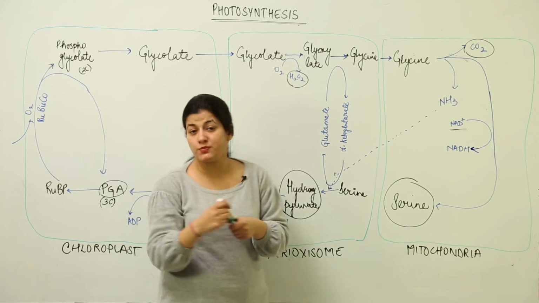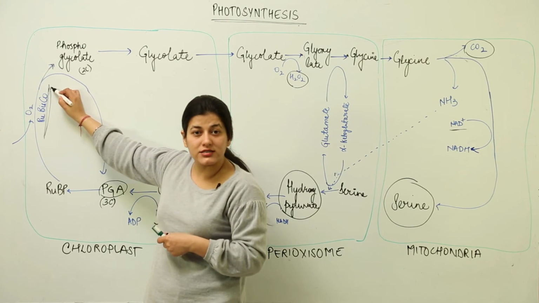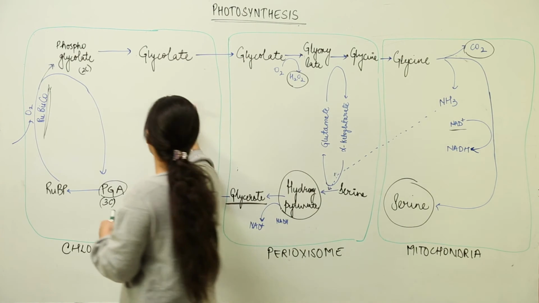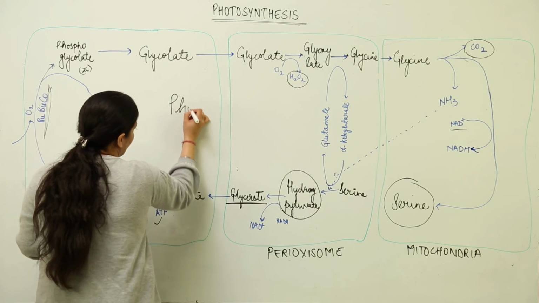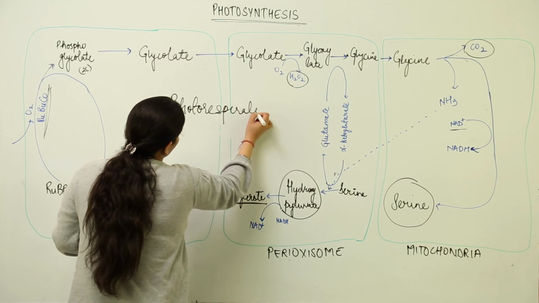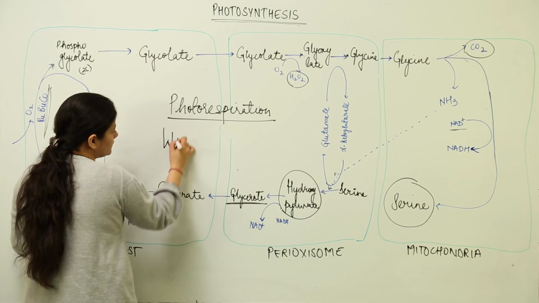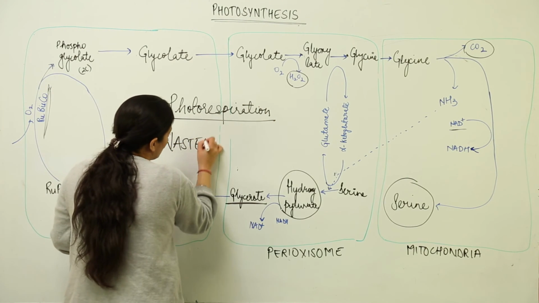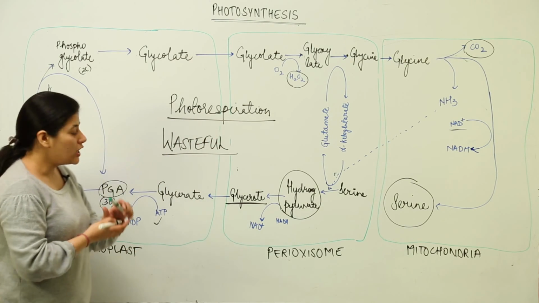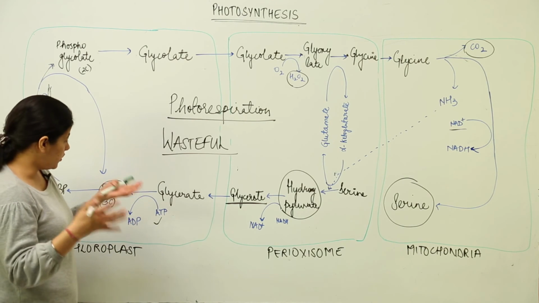That is why it is expected from Rubisco that instead of acting like oxygenase, it should act as carboxylase, and that is why the process of photorespiration that we have discussed in this lesson is a wasteful process. Do keep in mind, why? Because there is no fixing of carbon dioxide taking place. Whatever was generated is being used, and nothing concrete is being formed.